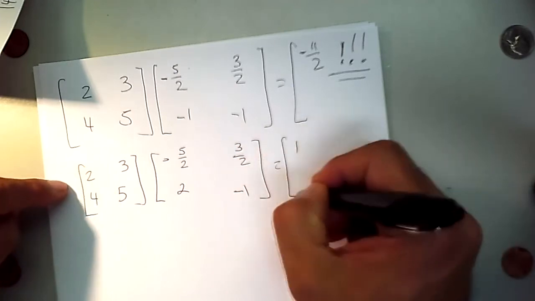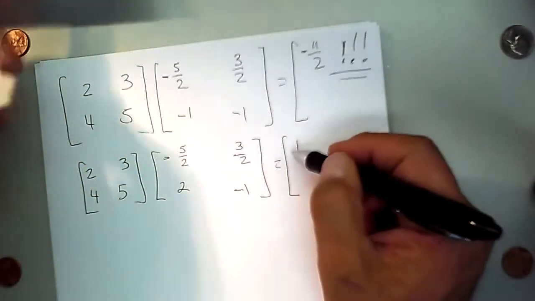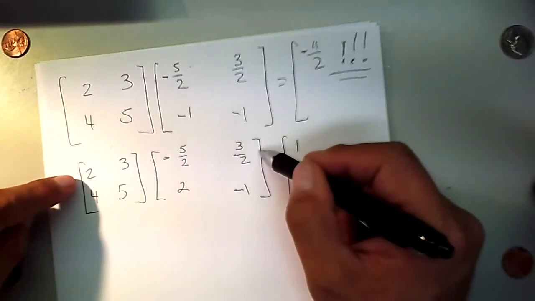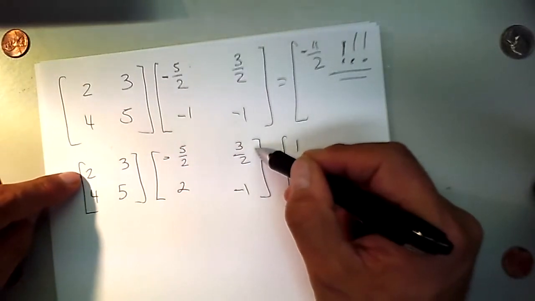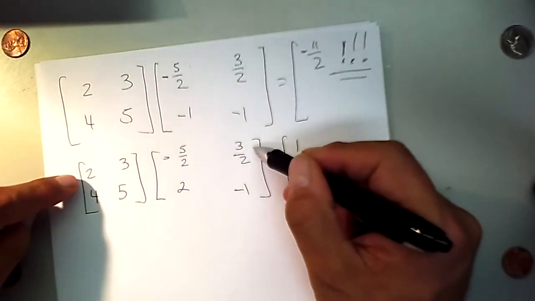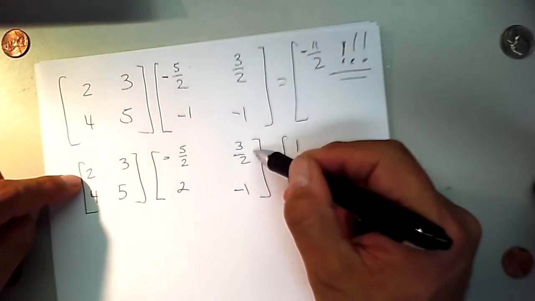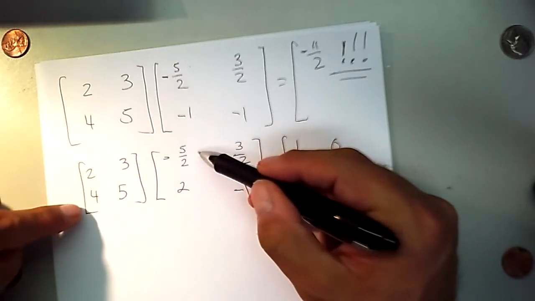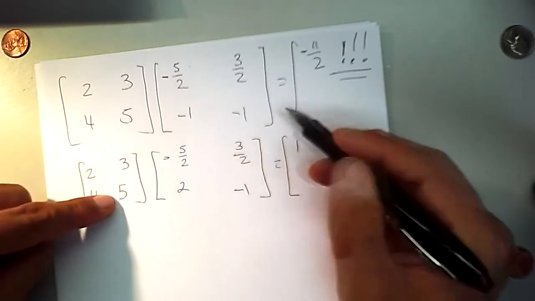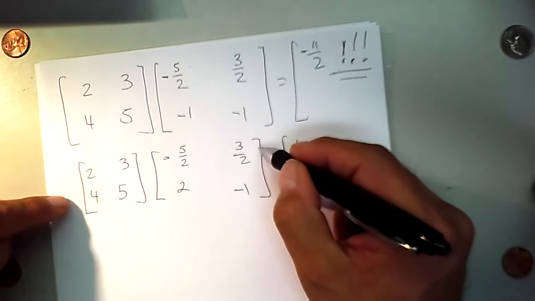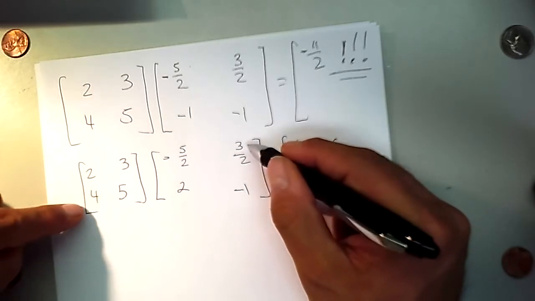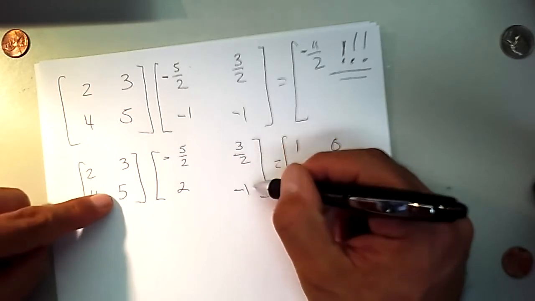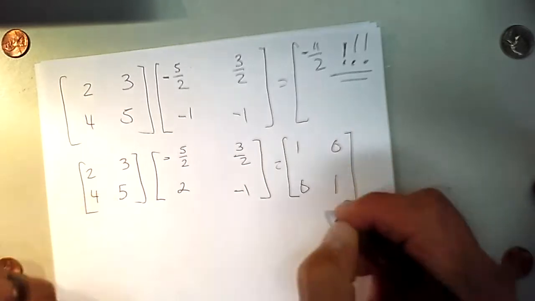That doesn't mean we're good. We still have to check the rest. 3 minus 3, 0. Negative 10 plus 10, 0. So that's 6 minus 5, 1. Yep. So it works.